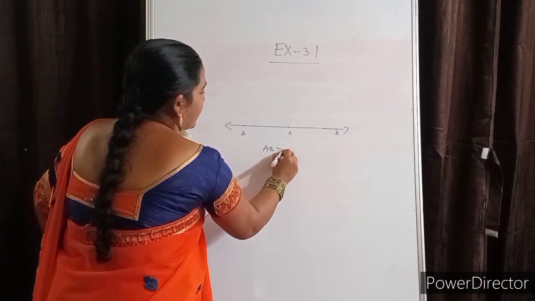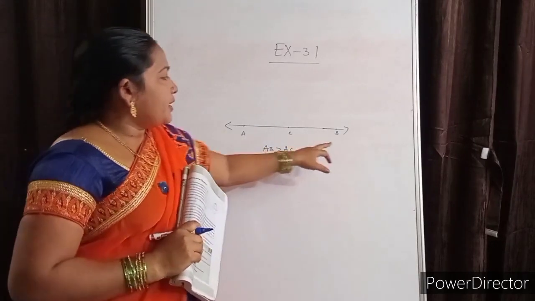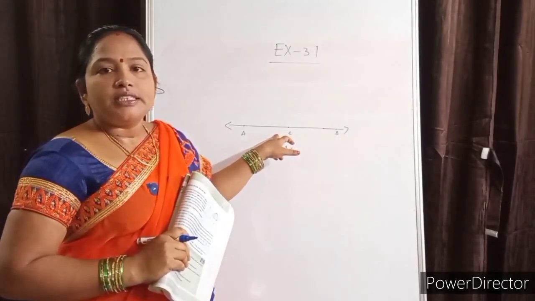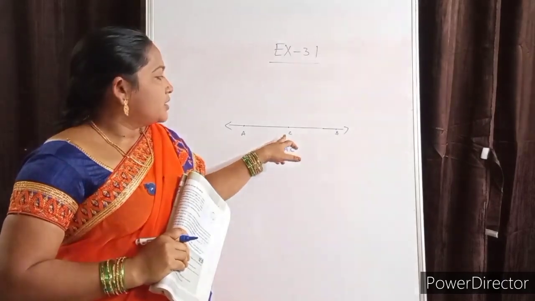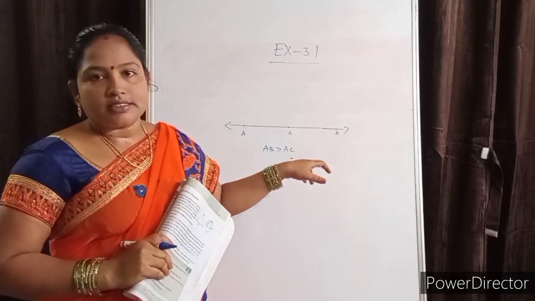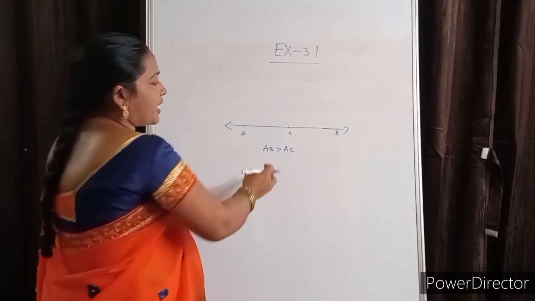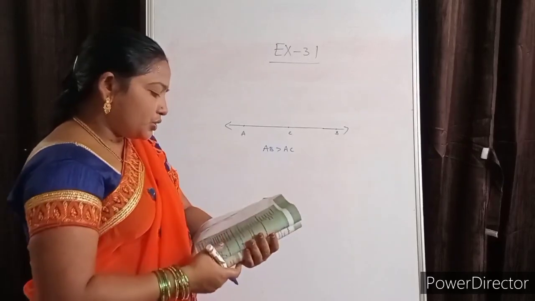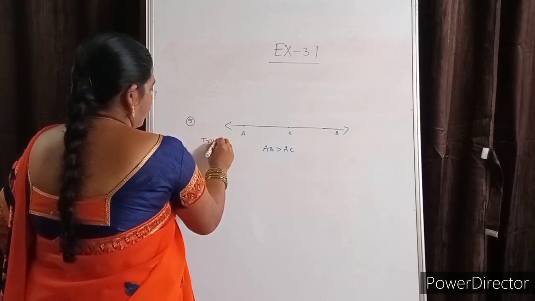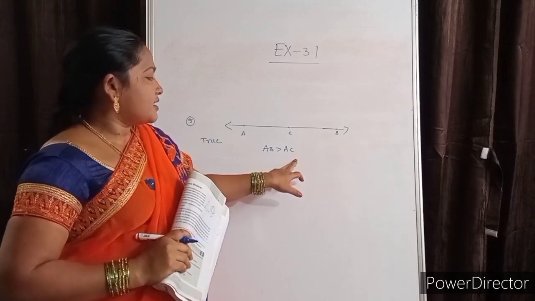Euclid's definitions: the whole is greater than the part. So, AB is greater than AC. This is true. AB length is greater than AC length.